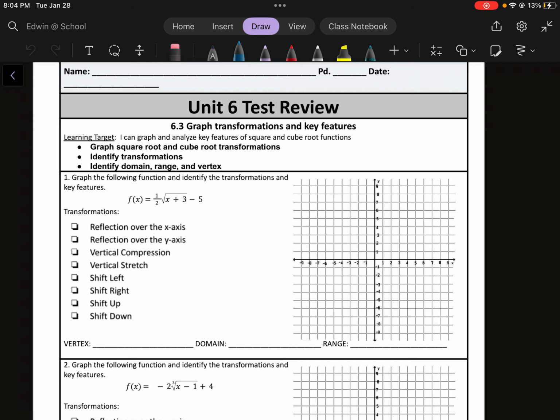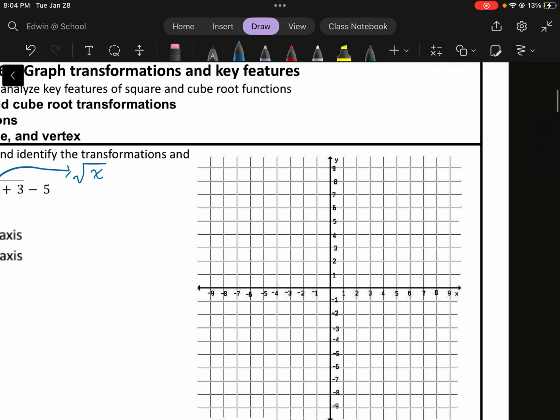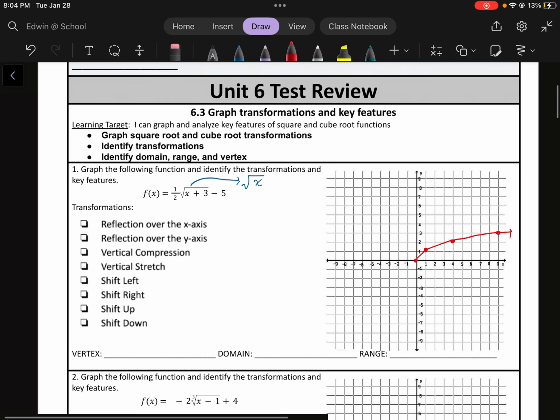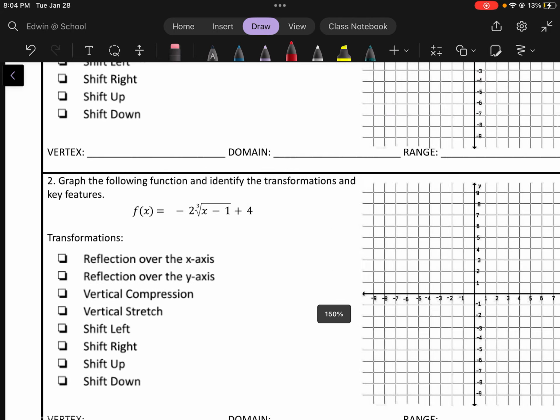I'm not going to finish this problem, but it is important that you understand that this is a square root type function, so that the parent function is going to look something like this. It is half of a parabola. And I'll just set that one up, but I'm going to go over this one more in depth.